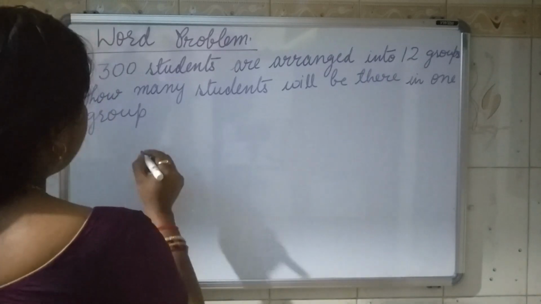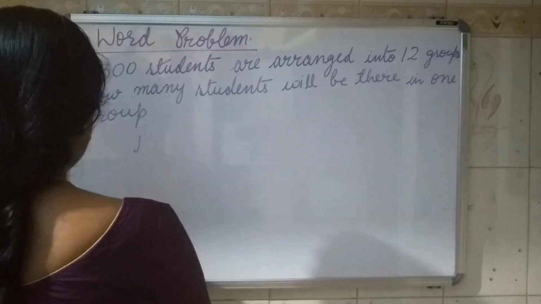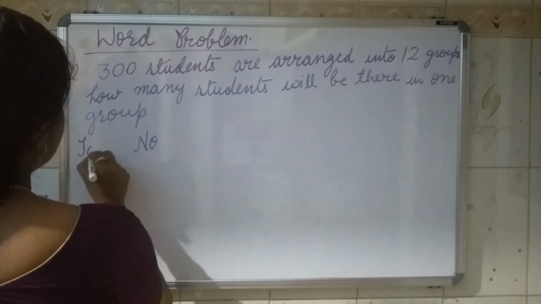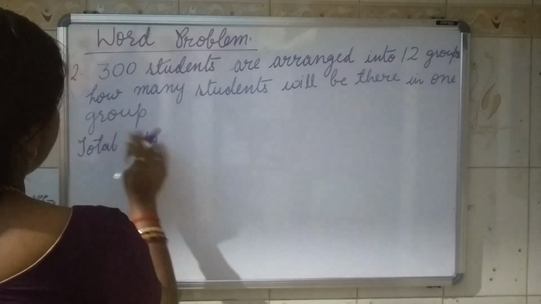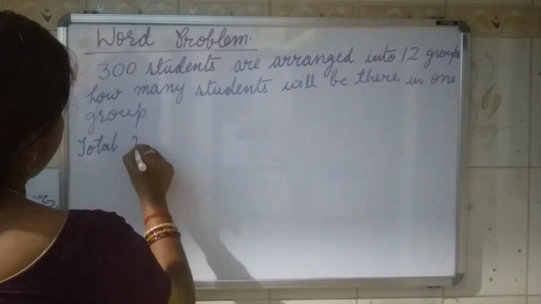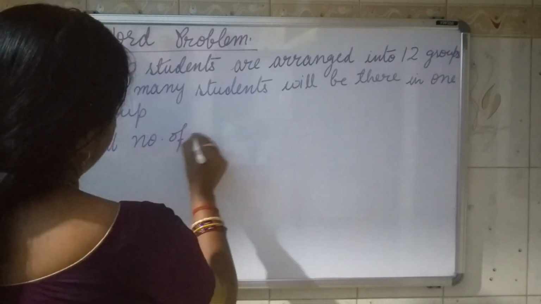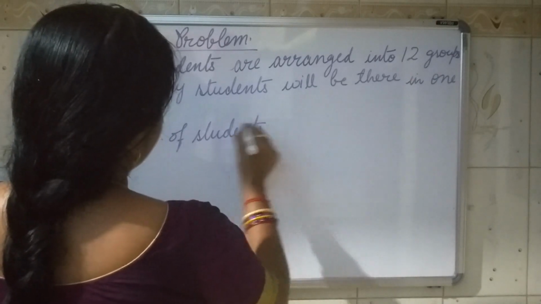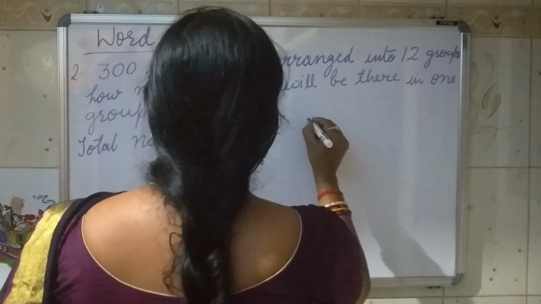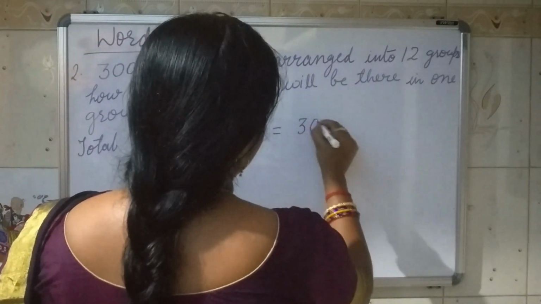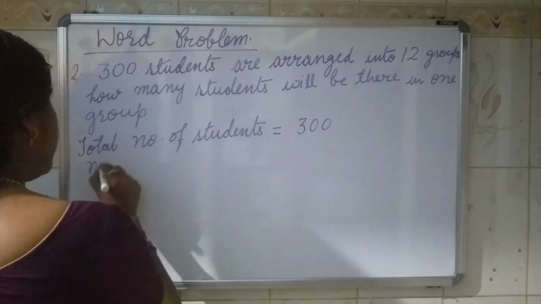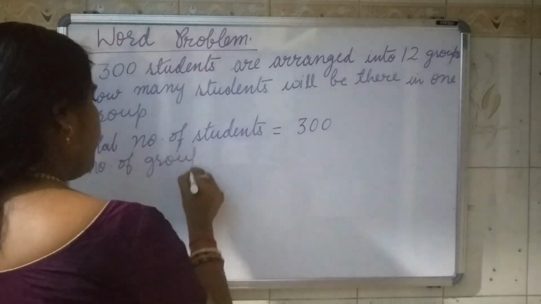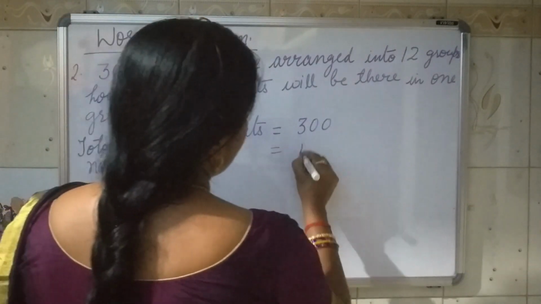So we will write the total number of students is equal to 300. Number of groups is equal to 12.